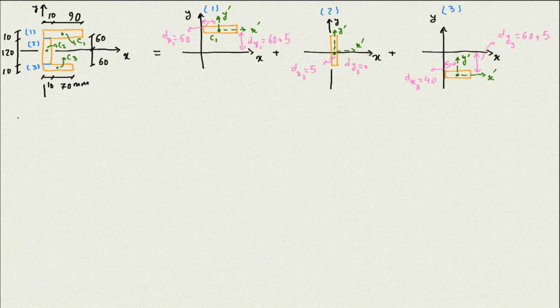For the first one, Ix1 is the moment of inertia about its centroid plus its area times dy1 squared. The moment of inertia about the centroid is 1/12 of b h cubed, where the width is 100 and the height is 10, so 100 times 10 to the cube, plus its area, 100 by 10, times dy1, which is 65, squared.